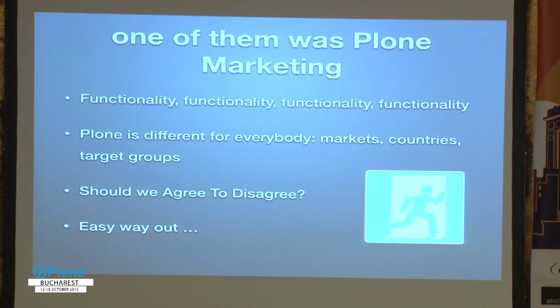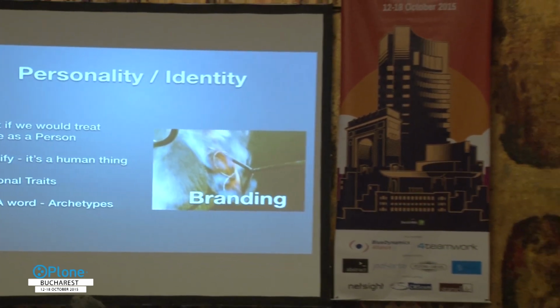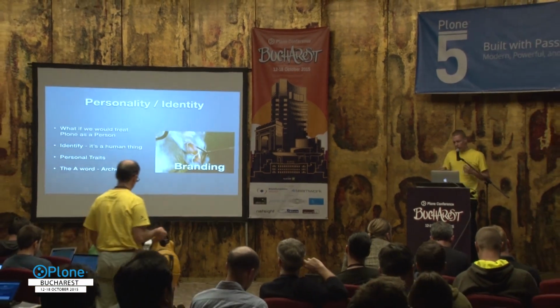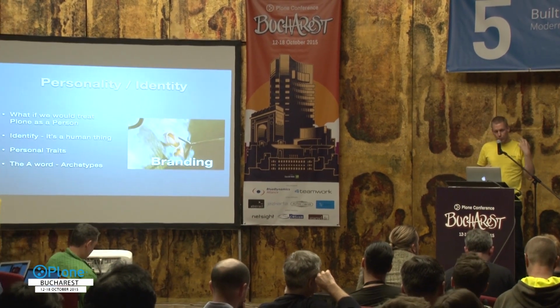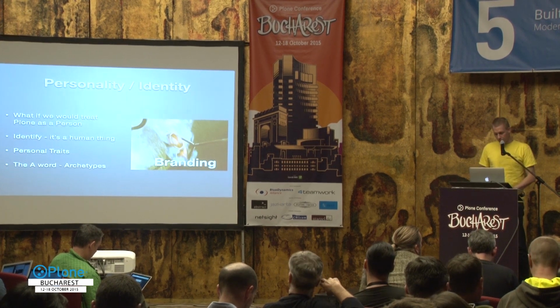But that's too easy. Maybe there's something else we could do, and something I did there in a non-technical presentation was about branding. It was about what if we could treat Plone as a person and not as a technical thing with all kinds of functionality, and make it a human thing that has personal traits. So it's the A word we had, archetypes.